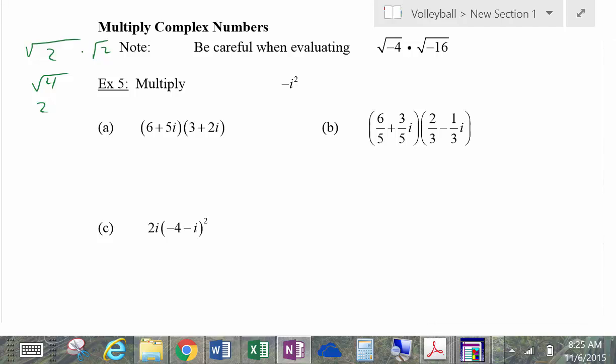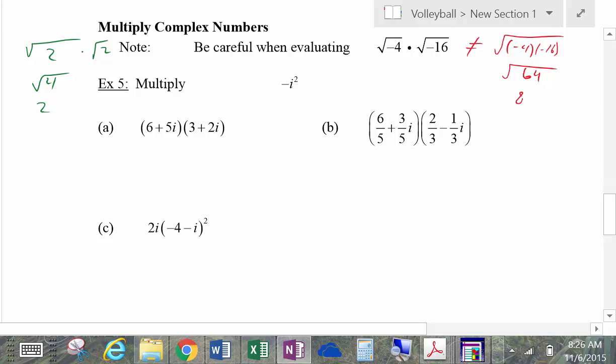So I just want to point out why that's true. Yeah, you take out the i. All right. If you had multiplied negative 4 times negative 16, what do you get? Positive 64. What's the answer to that? 8. But now we know we always take out the i's first, right?